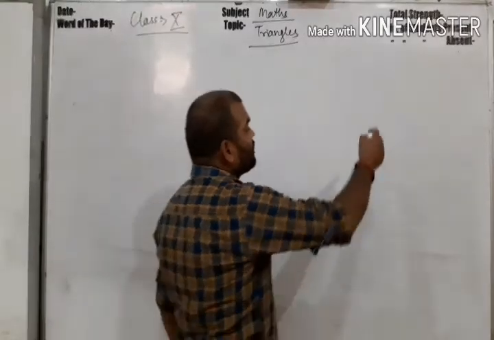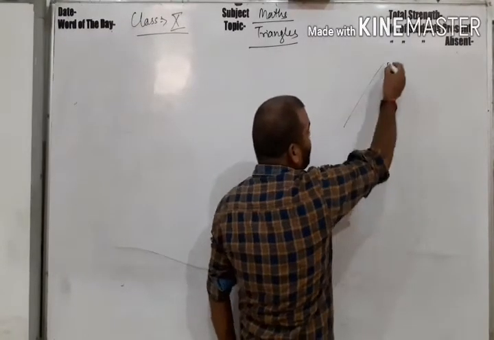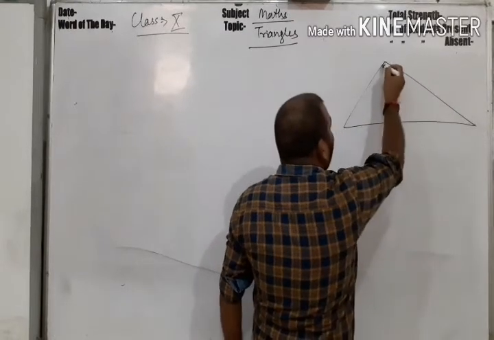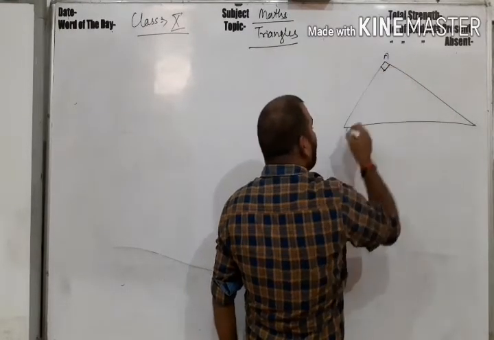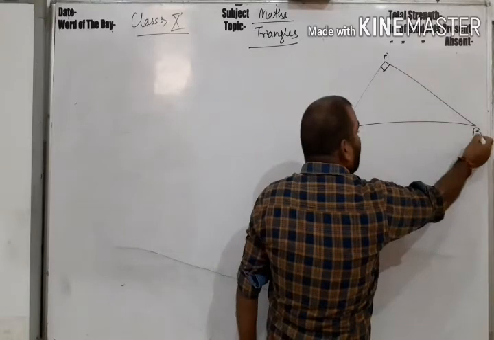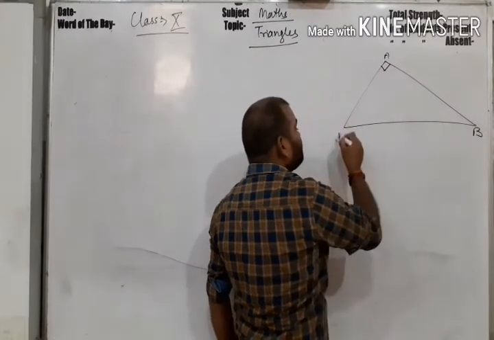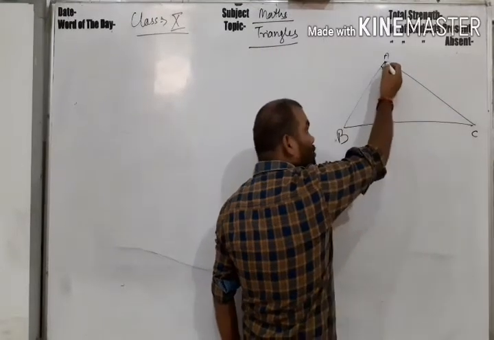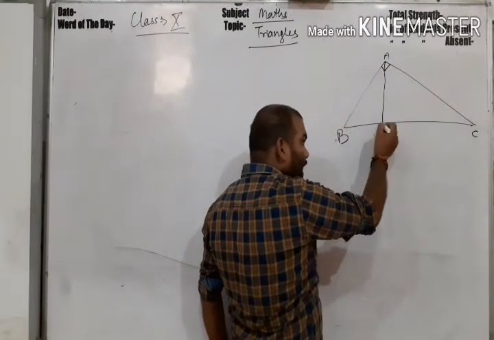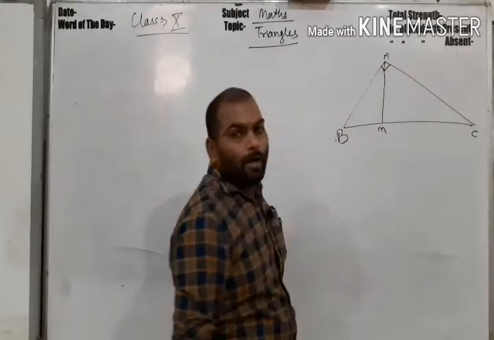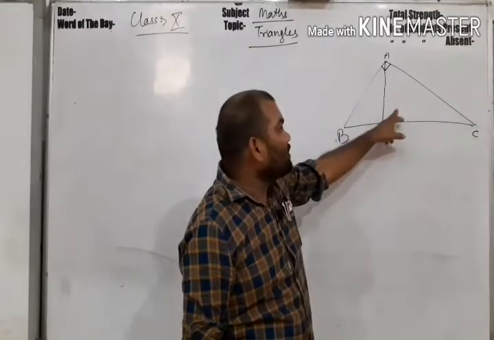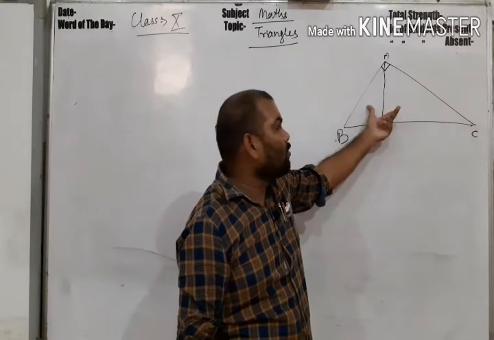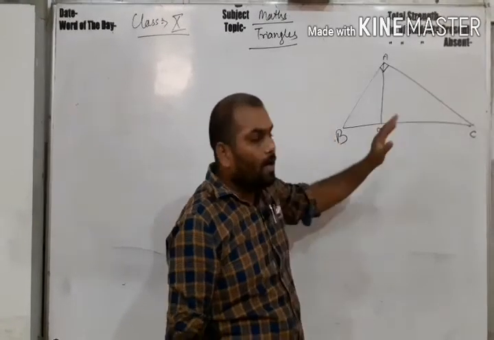Let us prove that theorem. The theorem was that if in a right angle triangle, suppose this angle is right angle, a perpendicular is drawn from the vertex to the hypotenuse, it divides the triangle into two triangles which are similar to each other and to the whole triangle.